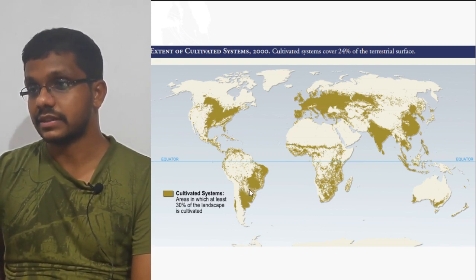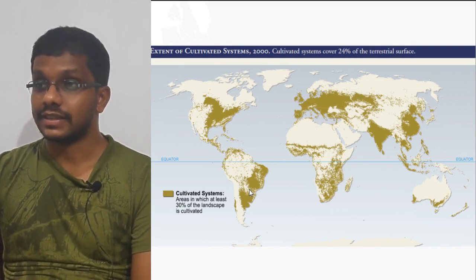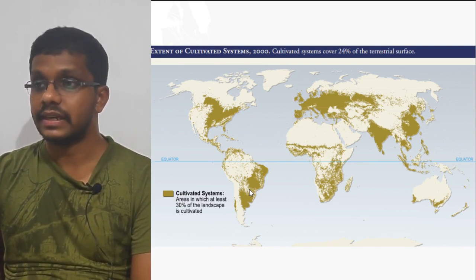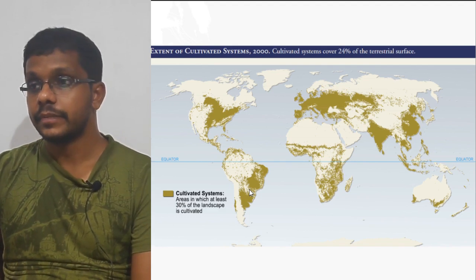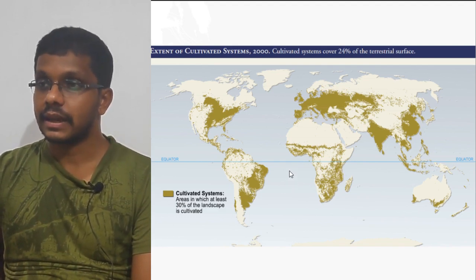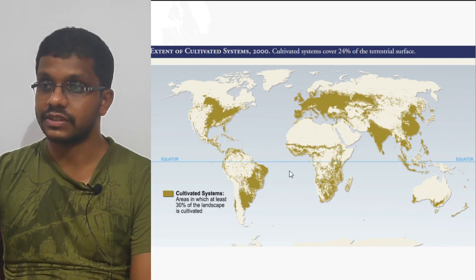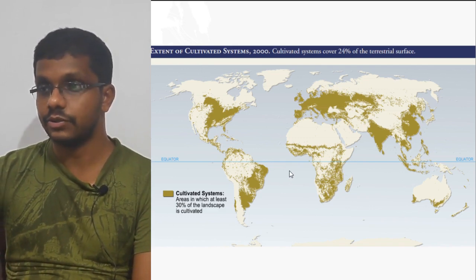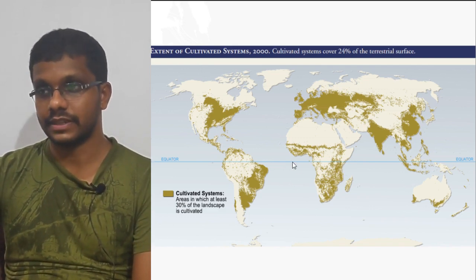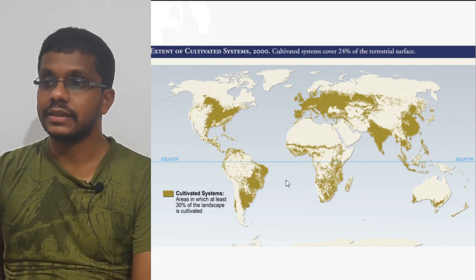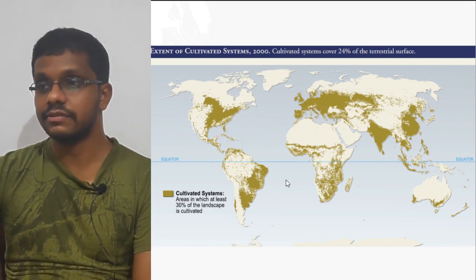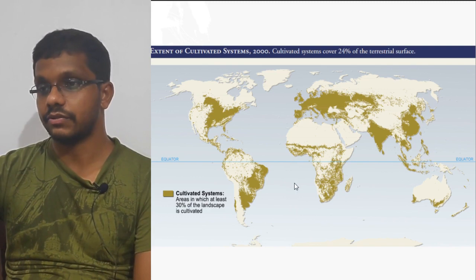Because of this cultivation and agriculture, humans have changed the ecosystem more rapidly and extensively than ever. So to meet the rapidly growing demands for food, fresh water, timber, fiber, and fuel, we are exploiting the environment. And this resulted in a substantial and largely irreversible loss in diversity of life on Earth.